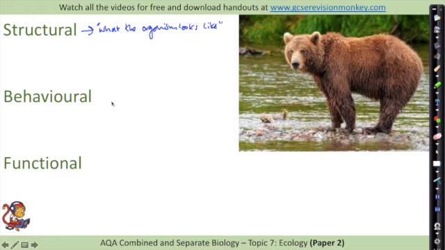There's behavioural adaptations, and it's got the word behaviour in there because it's really about how the organism behaves. And functional adaptations, which are really related to anything internal inside the organism. So internal functions within an organism.